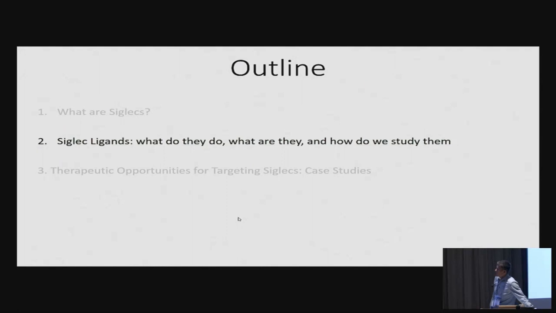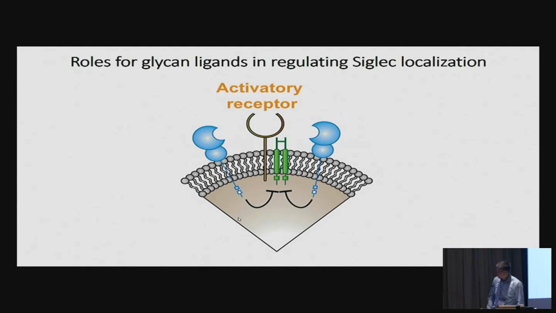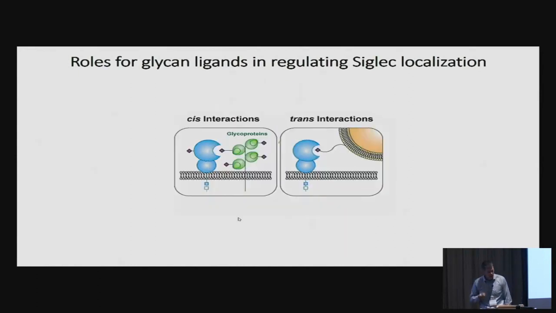And that sort of brings me to the second point. So SIGLEC ligands, probably the deepest we'll go here. Okay, so just to remind you, it's all about location. It needs to be close. And we're going to look at how interactions with sialic acid containing glycans could influence this proximity.